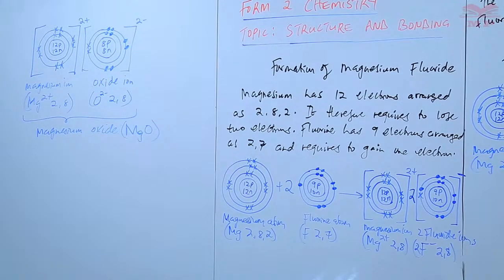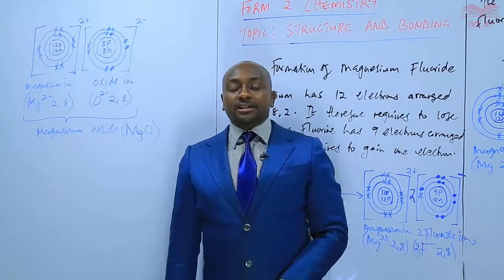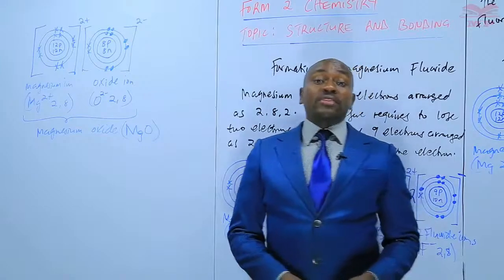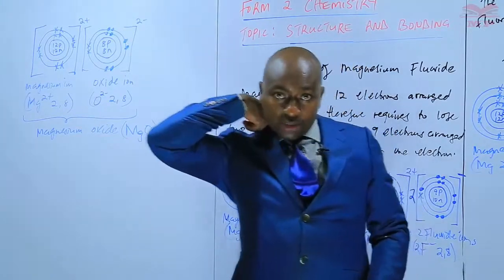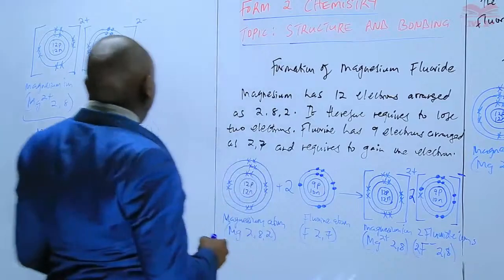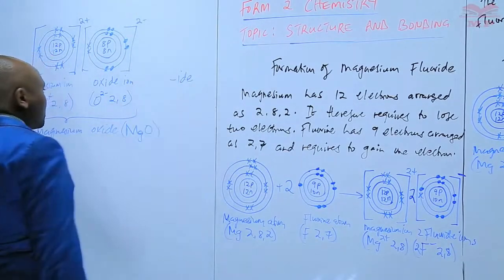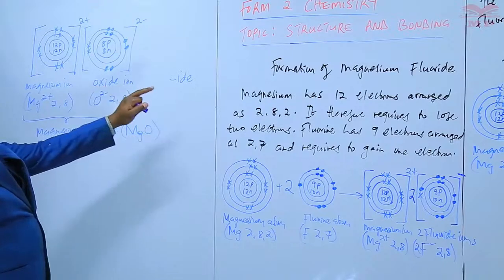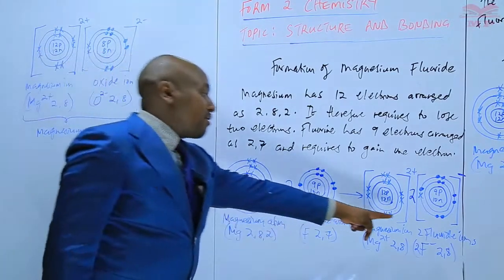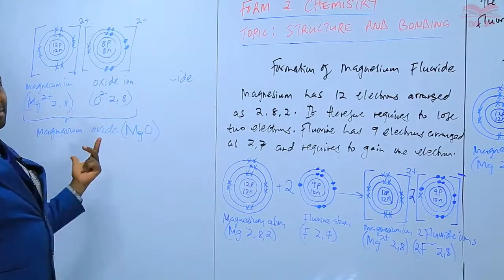There is something important to note here: for nonmetals, when they form their respective ions, their name changes a bit, and we add an IDE at the end. So for oxygen, we have oxide. For chlorine, we have chloride. For fluorine, we have fluoride. But for the metals, the name just remains.